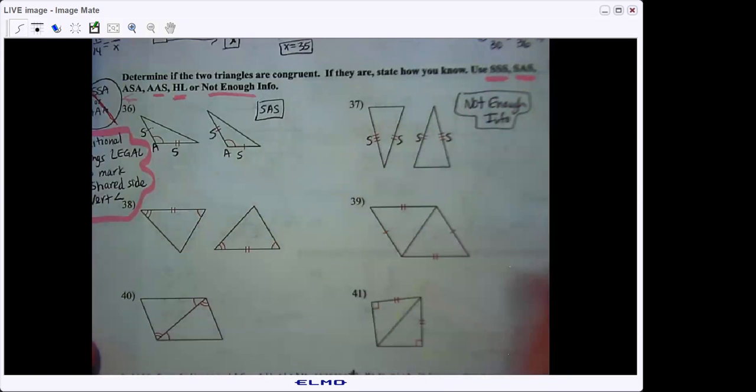Okay. So put in the chat box what you think number 38 would be. Good. Dana's got it. Melissa, good. Good. Yes, Alex. I like the question mark.